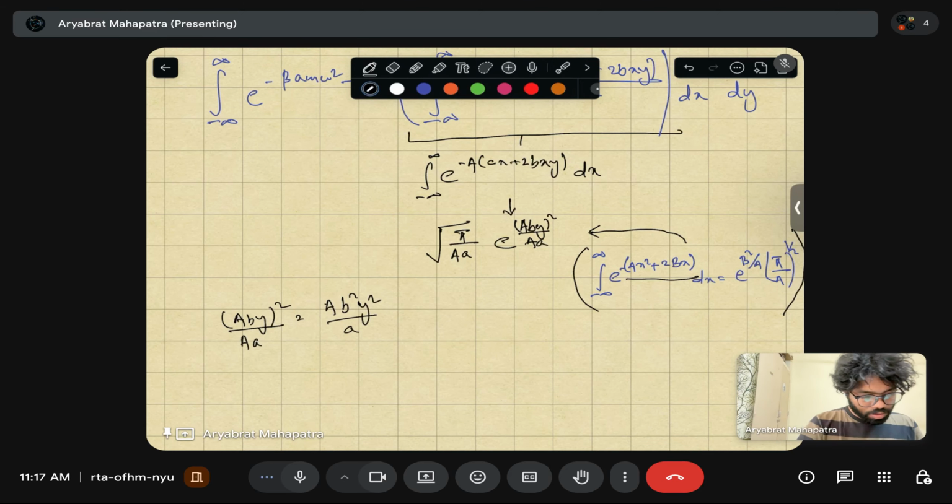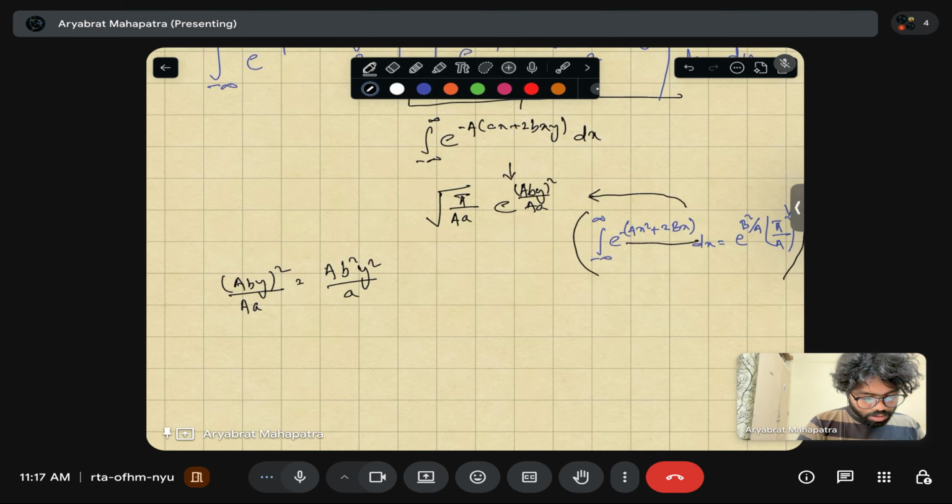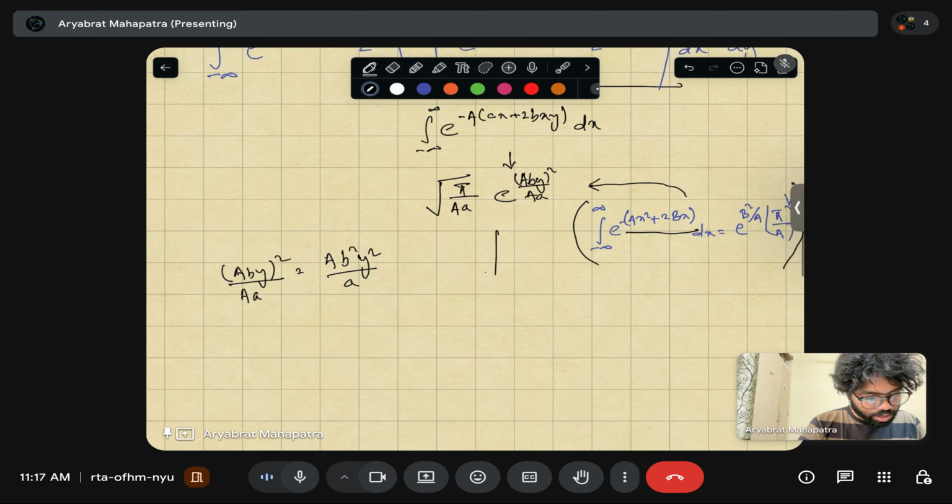So yeah, this is something simply pi a exponential of a b square y square over a.